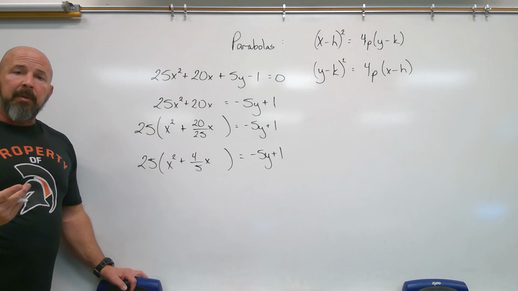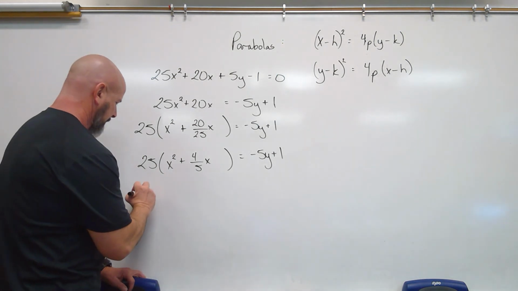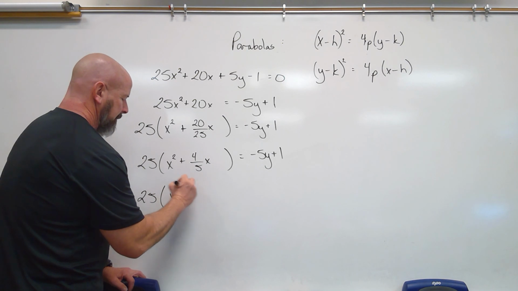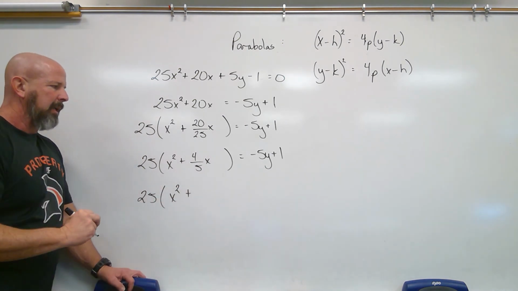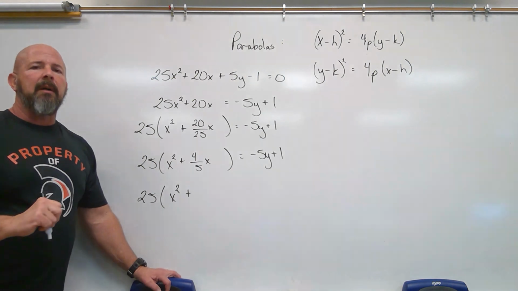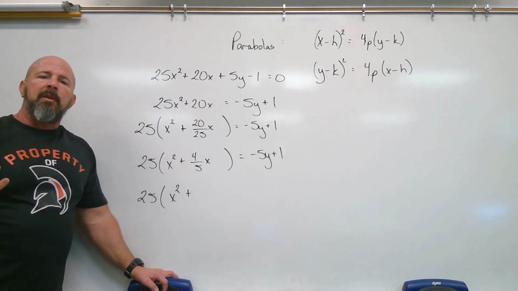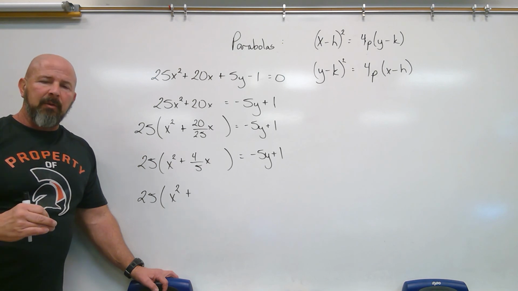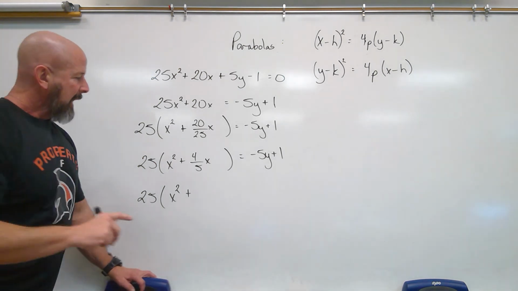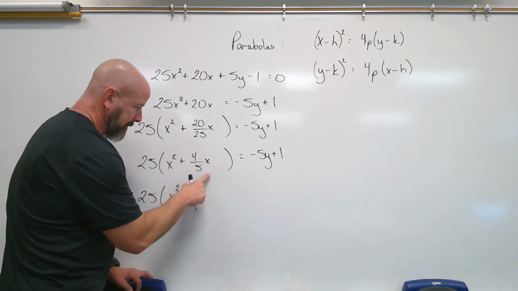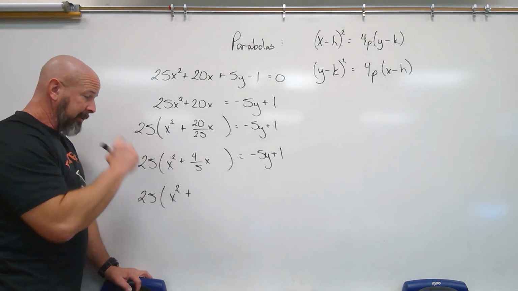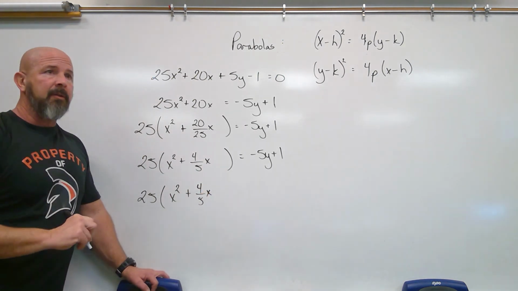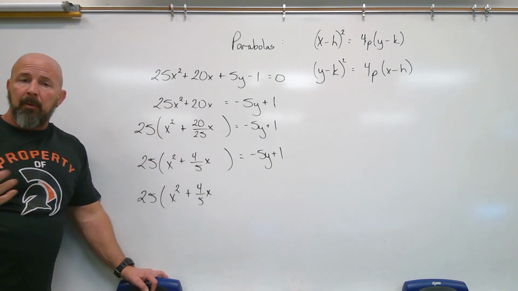Right? So completing the square. Here we go. 25 x squared plus. Right? For our completing the square, what we did from the lesson was we took half the linear term, squared it, added it to both sides. So half of this linear term, half of 4/5, I'm going to put that down, half of 4/5 would be 2/5. Half of 4 is 2.